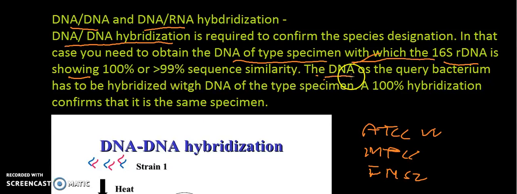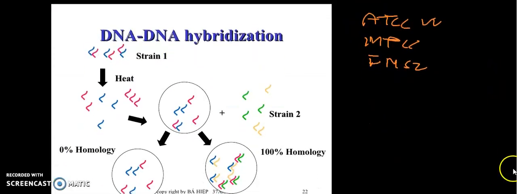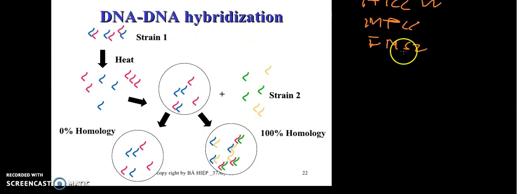Similarly, the DNA of the query bacterium has to be isolated, fragmented and denatured. One of the DNA samples, either the type specimen or the query specimen, has to be radiolabeled, and then after denaturing they will be allowed to rehybridize.